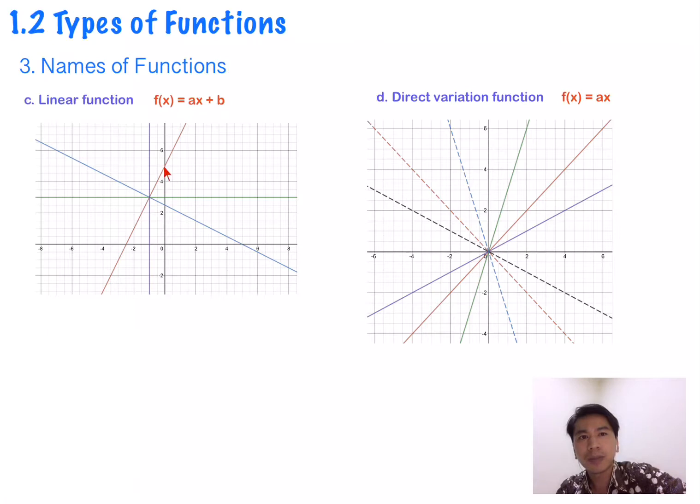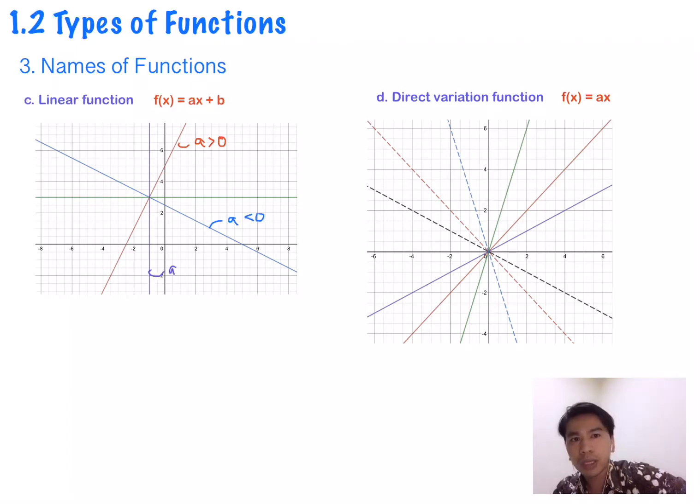So what happened in this case is that the red line will have the y-intercept on 5, and the a value will be positive. The blue line over here will have the y-intercept equal with 2.5, and the a value will be less than 0.